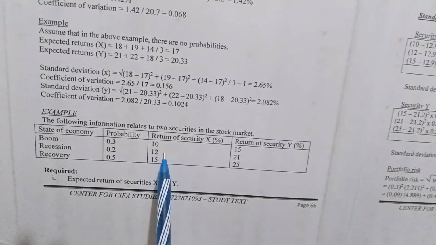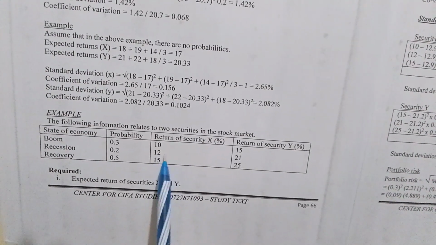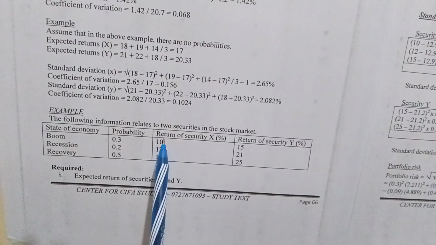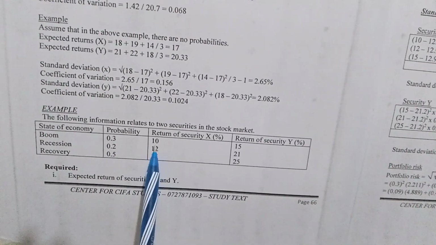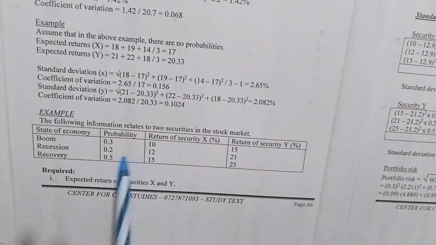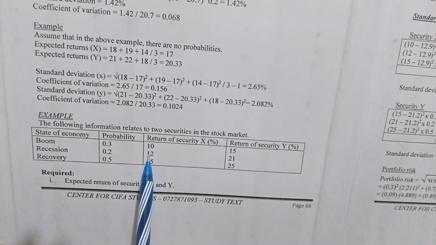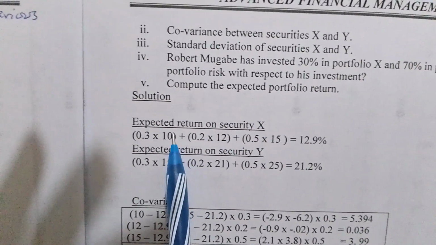So the summation of that, to get expected return on security X, you get 0.3 times 10 plus 0.2 times 12 plus 0.5 times 15. Summation of that gives you 12.9%.